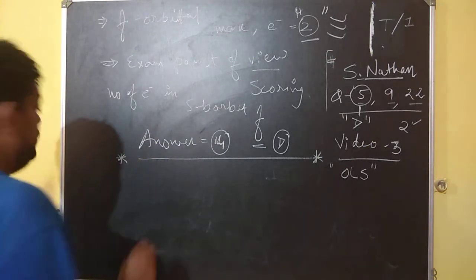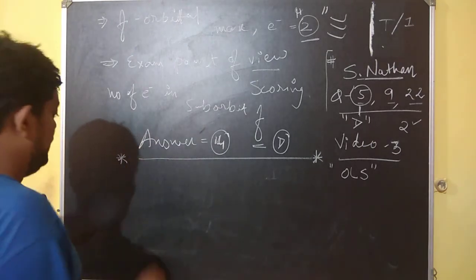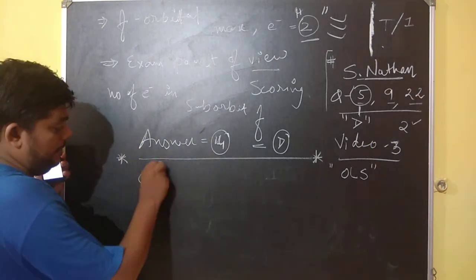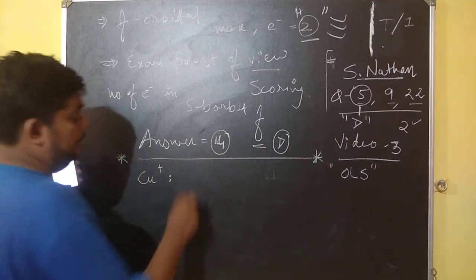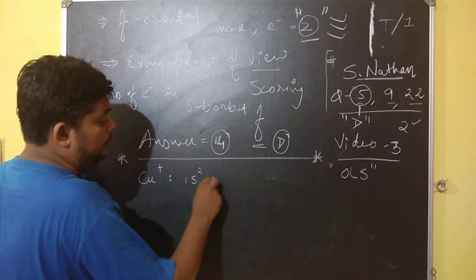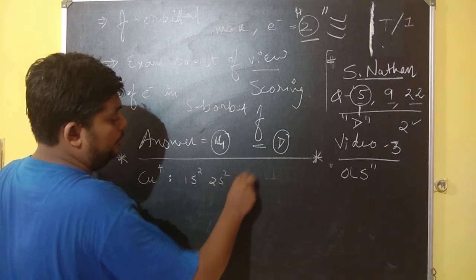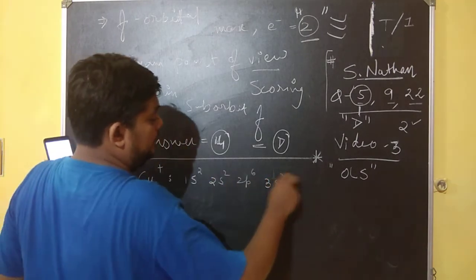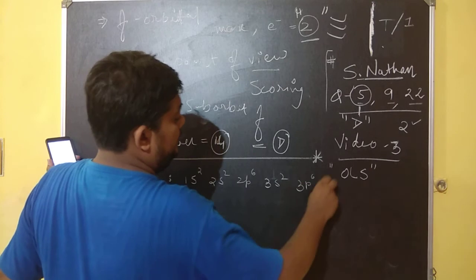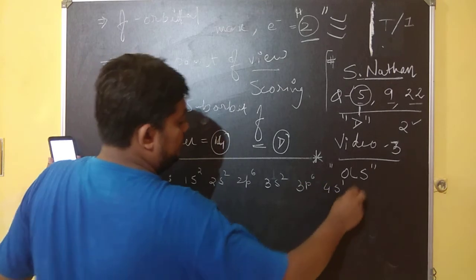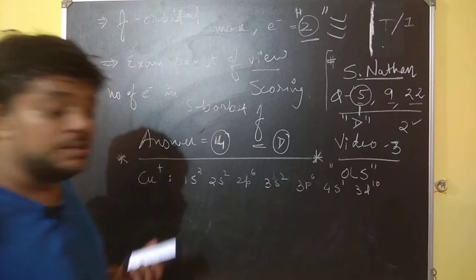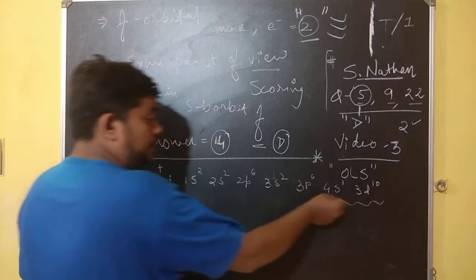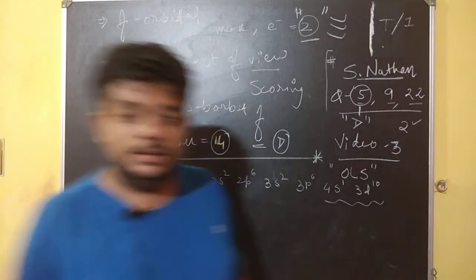If we say copper plus, remember very well, what we are writing is 1s2, 2s2, 2p6, 3s2, 3p6, 4s1 and 3d10. You are very much aware, up to what I know, of the exceptionality given over here.